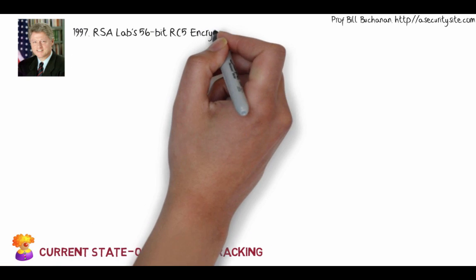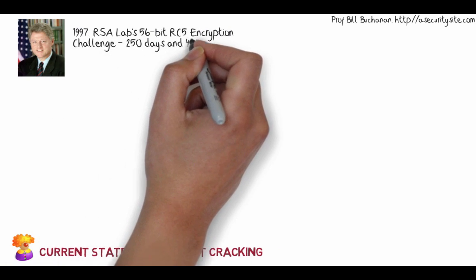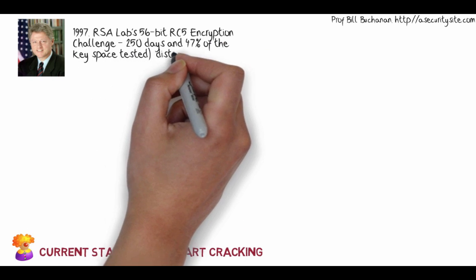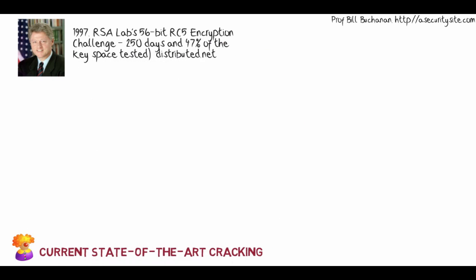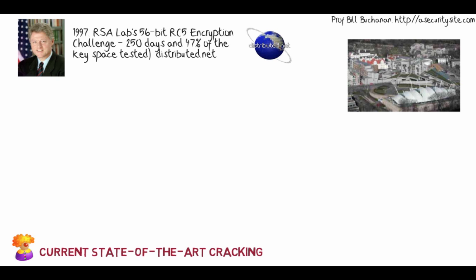In 1997, the RSA Labs distributed a 56-bit RC5 encryption challenge, and distribute.net, which we'll see in a minute, that's their logo there, cracked it in 250 days. They searched about half of the key space, 47%, and actually found it.